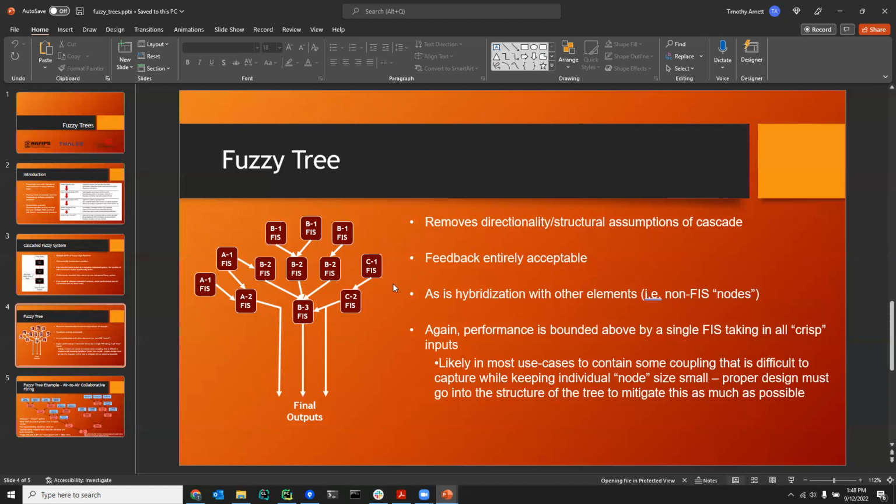That is completely allowed. You can also have the outputs being fed back in as recurrence. The big benefit of this, again, is that much richer approximation for the number of parameters that you have to specify. Additionally, if you're creating this by hand, it allows you to preserve explainability. And what I mean by that is you can preserve the semantic meaning of the input-output relationships and the labels associated with them.